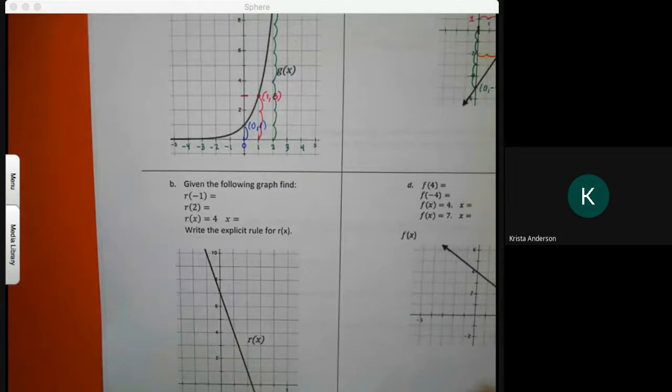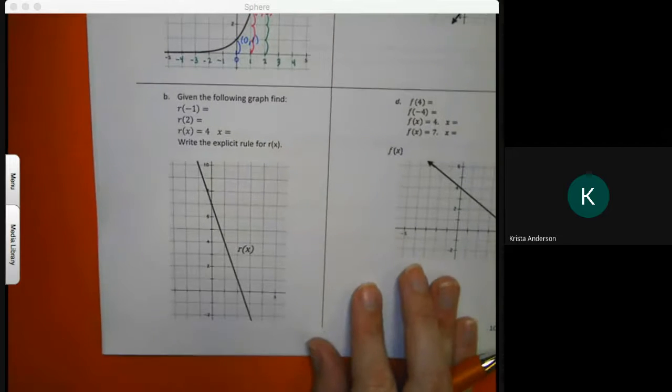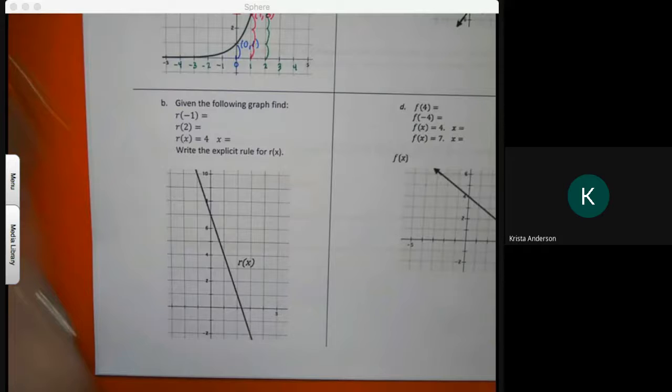Given function r of x, r of x is equal to y, as in the point x, y. When is it negative 1 for the x? It's up 1, 2, 3, 4, 5, 6, 7, 8, 9, 10.